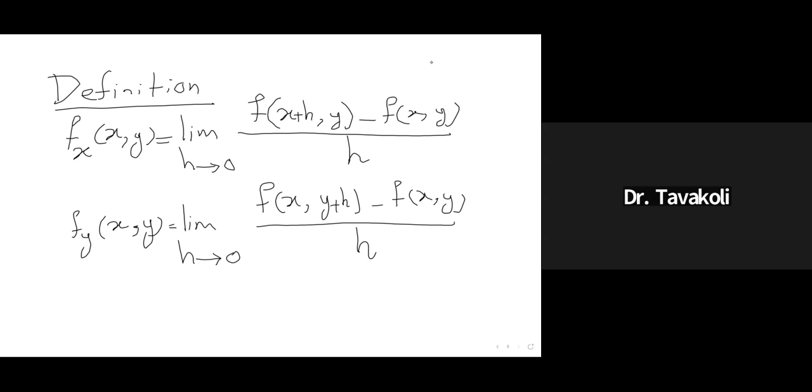We had a similar situation in calculus 1. When we defined the derivative, first we calculated the derivative using the definition, but later we used formulas and rules to find the derivatives, and that was more efficient and it was time-saving.